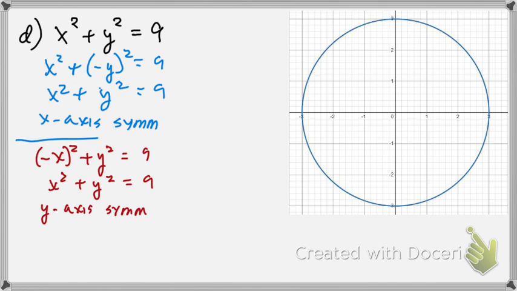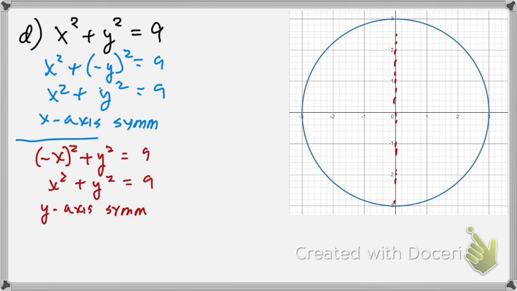Now notice, if this were on a piece of paper and I took the y-axis and I folded along that y-axis, in other words, y-axis symmetry, the right-hand side would fold over and lay right on top of the left-hand side.